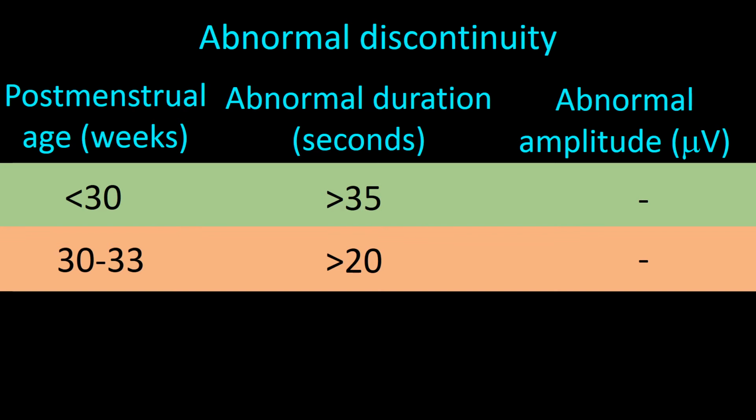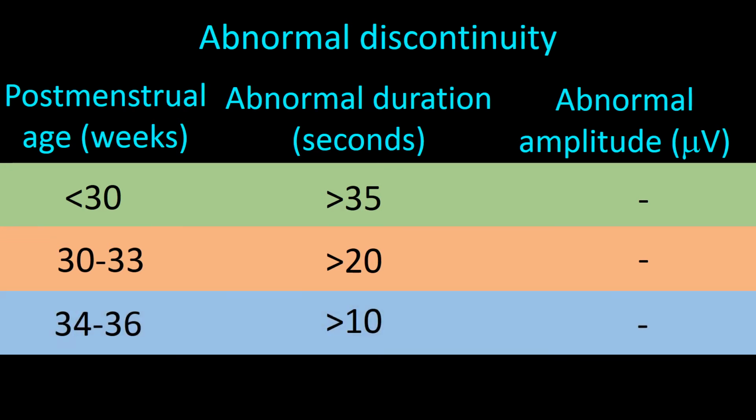Again, I do not use amplitude in this age group. In neonates 34 to 36 weeks conceptual age, an interburst interval longer than 10 seconds, I call it abnormal. I do not use amplitude in this group either.